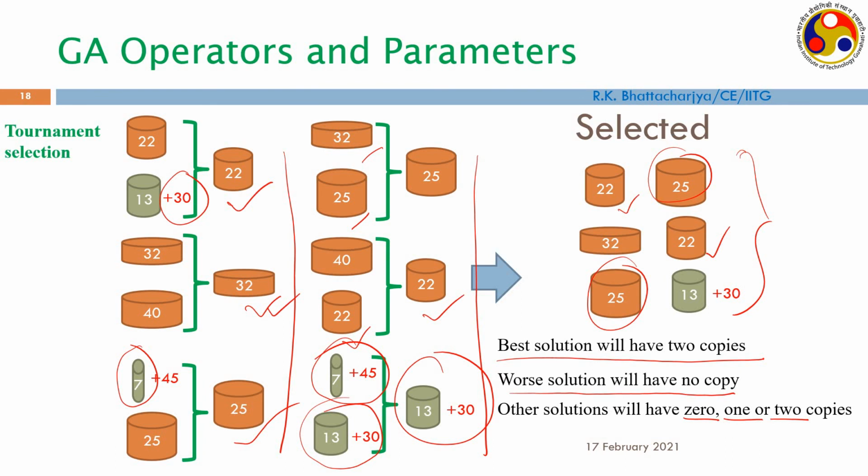Suppose 25 would have had a single copy, but the first time it played with an inferior solution, so it won the tournament, and the second time it played with 32, so that's why we have 2 copies of 25. And as I said, other solutions may have 2 copies or 1 copy.